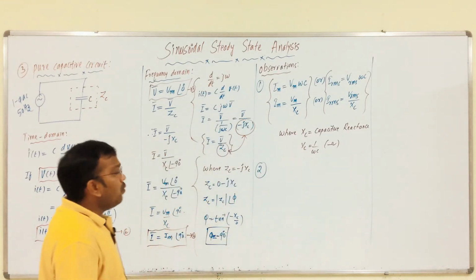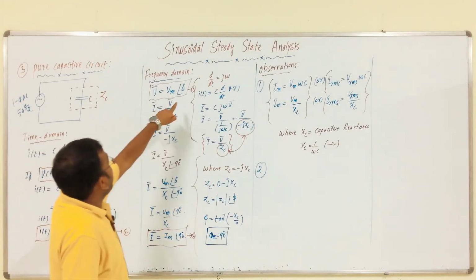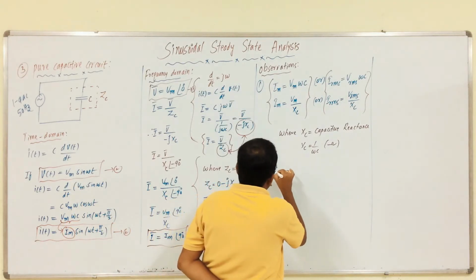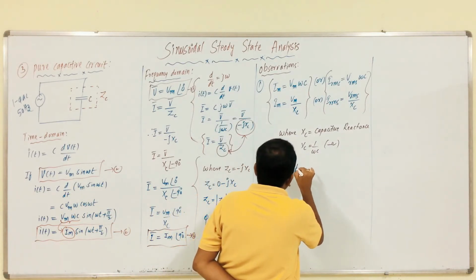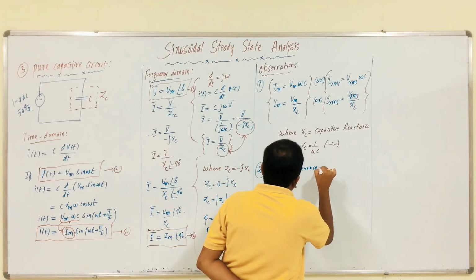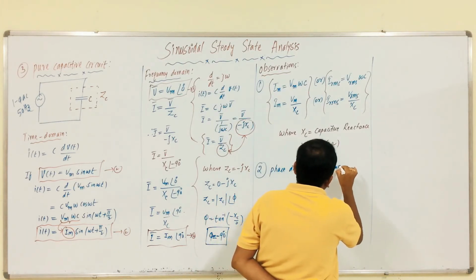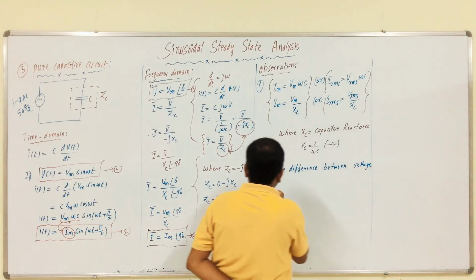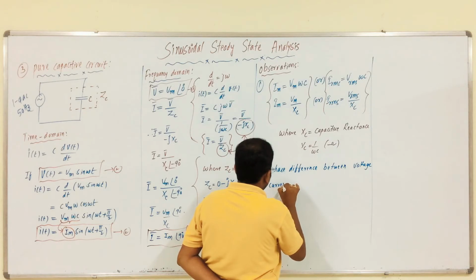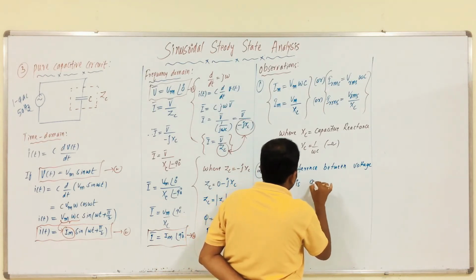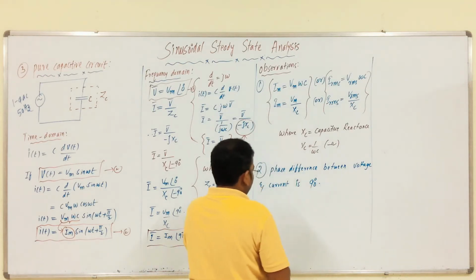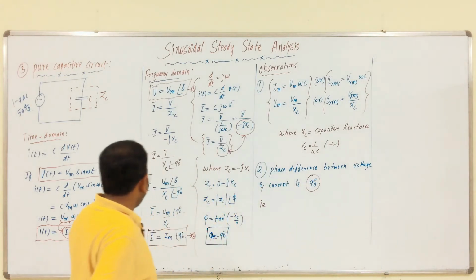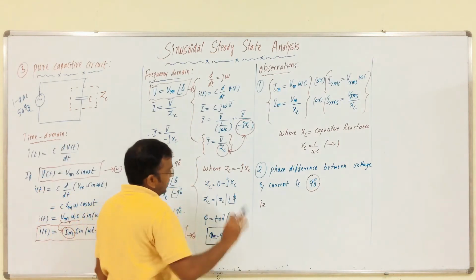The second observation is the phase displacement between voltage and current. See, V at an angle 0, current at an angle 90. The phase difference between voltage and current is 90 degrees. Which one is leading, which one is lagging? Current leads voltage by 90 degrees, right?